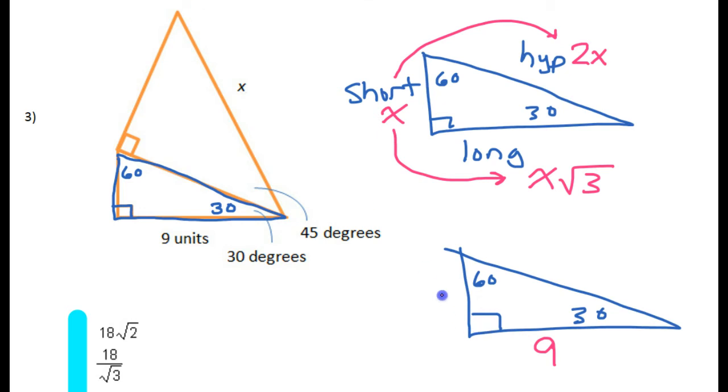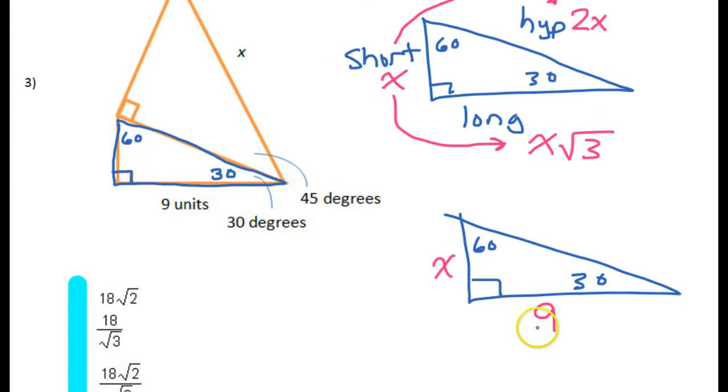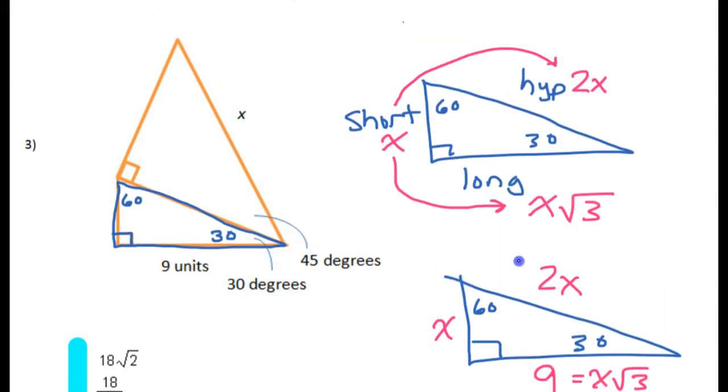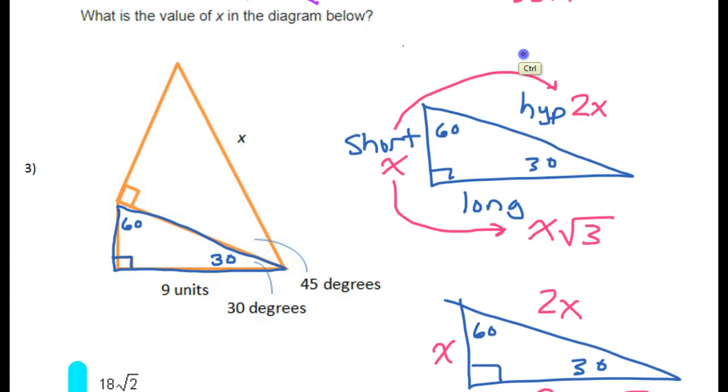The short leg, let's call that x. The long leg is x radical 3, and the hypotenuse is 2x. I just put those formulas everywhere. By the way, take notes. Write this picture down.